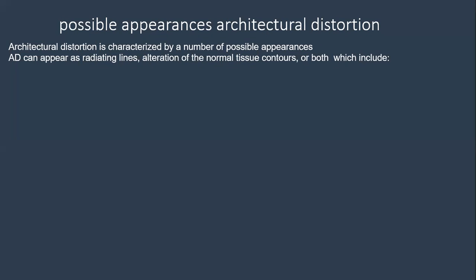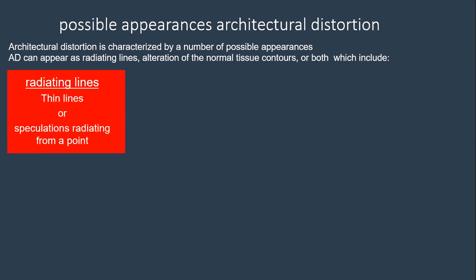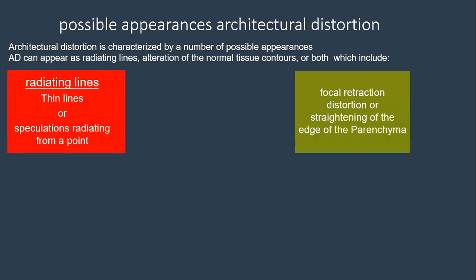What are the possible appearances of architectural distortions? It can appear as radiating lines, alterations of normal contour, or both. The radiating lines are seen as thin lines or spiculations radiating from a point. The contour can be seen as focal retraction, distortion, or straightening of the edge of the parenchyma.